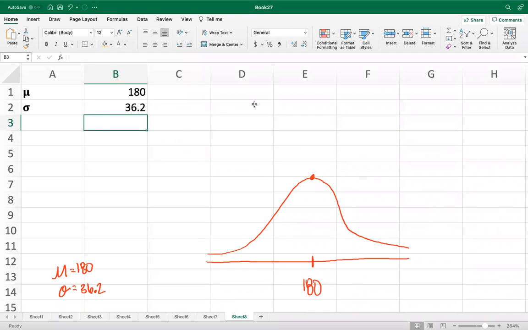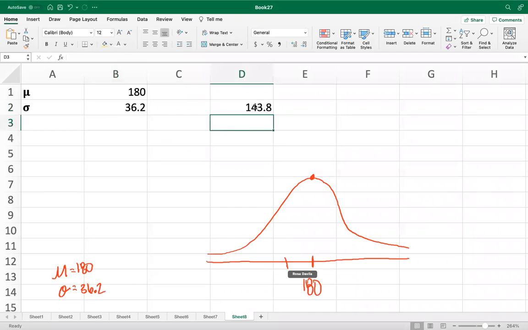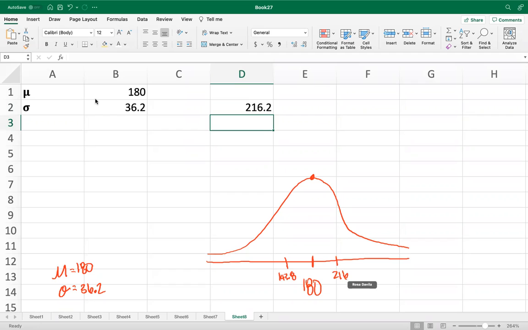So 180 minus 36.2 is 143.8. And adding it, 216.2. And for the sake of this problem, let's just go out 2 standard deviations.